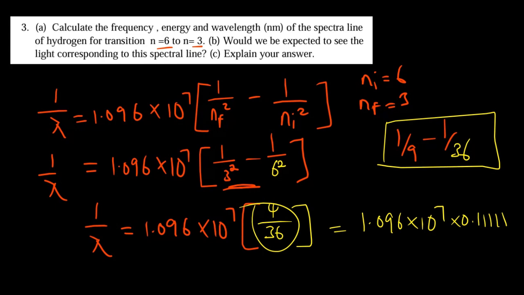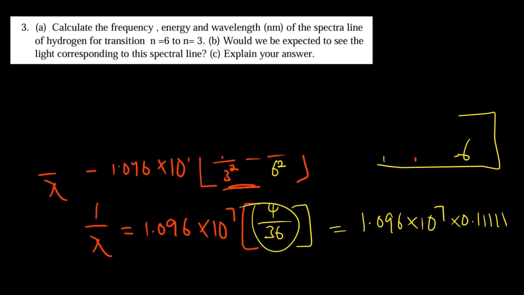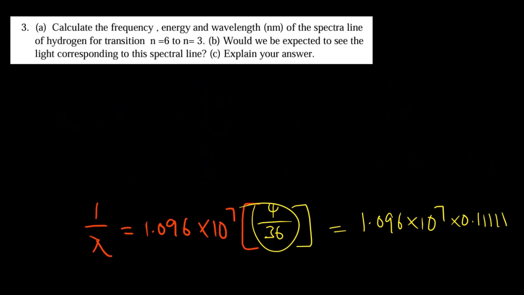So now I can multiply those two. So we're going to say 1 over lambda is equal to this multiplied by this. According to my calculator, when I multiply that, I'm finding 1.22 multiplied by 10 to the power 6.